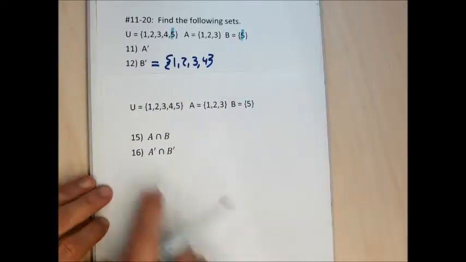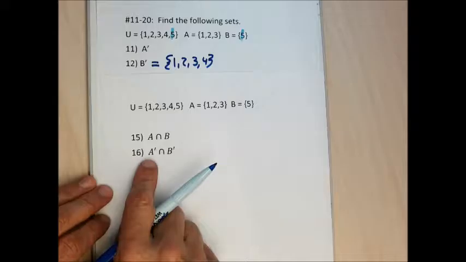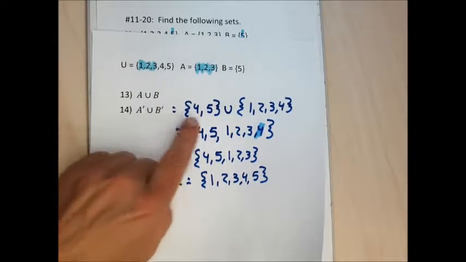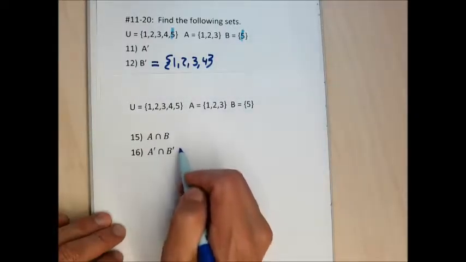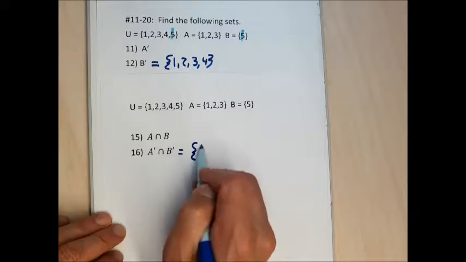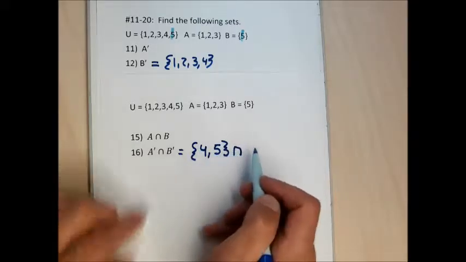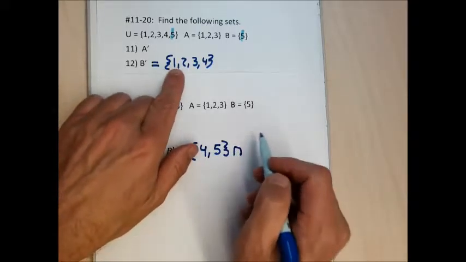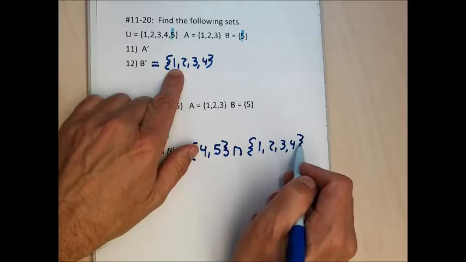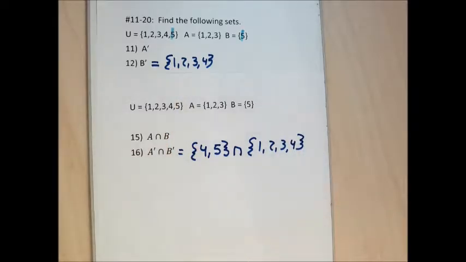For my problem 16, I need to figure out A complement intersection B complement. I need to know what A complement is. A complement had the numbers 4 and 5 in it. So I'm going to do A complement, which is a set that contains the numbers 4 and 5. I'm going to intersection that with B complement, which is the set that contains the numbers 1, 2, 3, and 4. And intersection are what sets have in common.